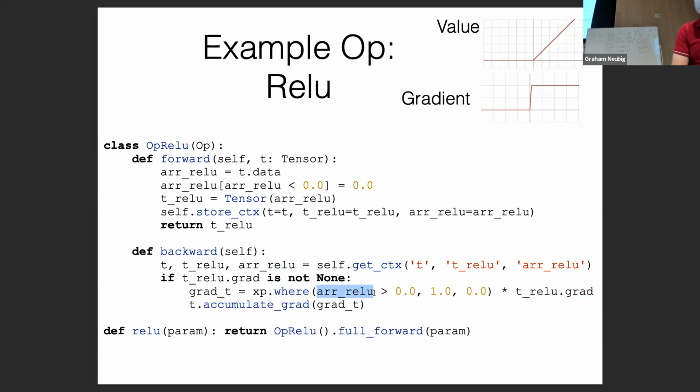That's a good point. The question was basically why do we have t-relu and r-relu instead of t-relu.data? And the answer is you could do that too. We had another question on Zoom, which was the same question we just answered.